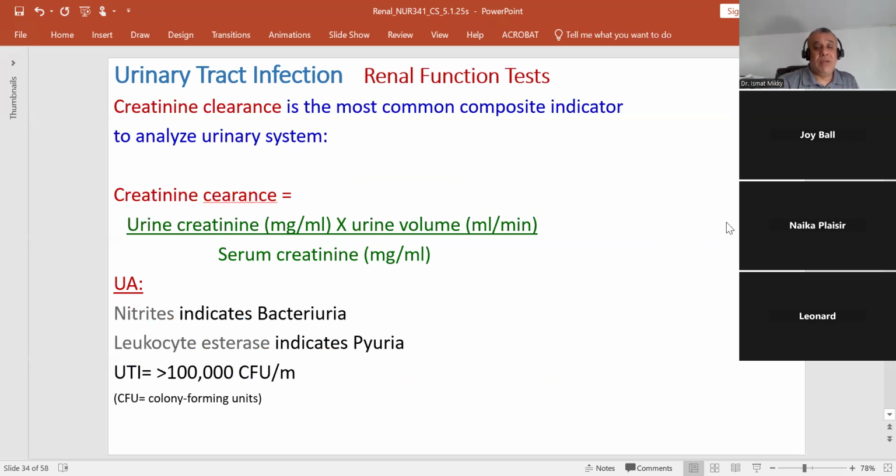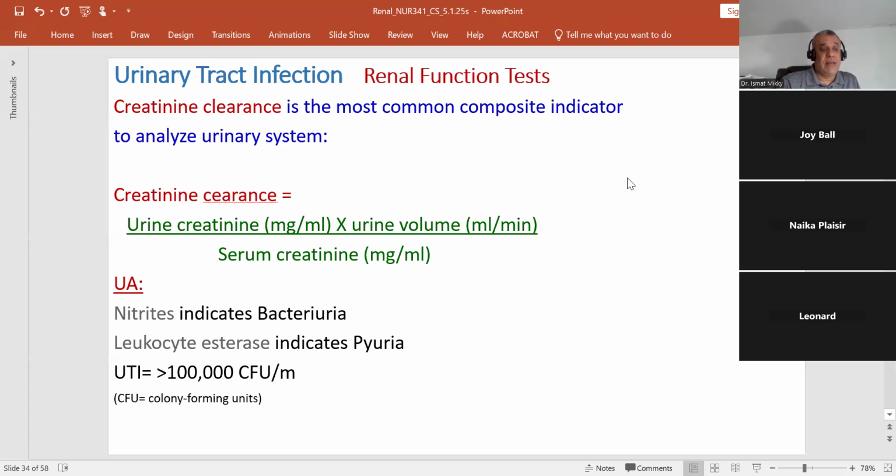Creatinine clearance can also be calculated if we have the urine creatinine from the 24-hour urine collection, which you can get from the lab when they measure the urine over 24 hours.